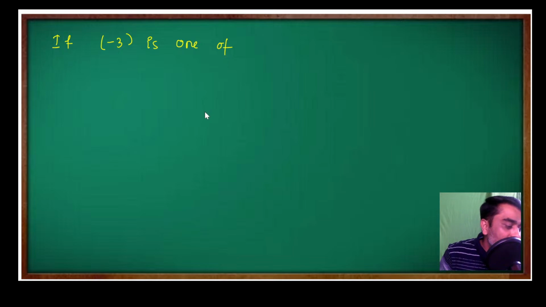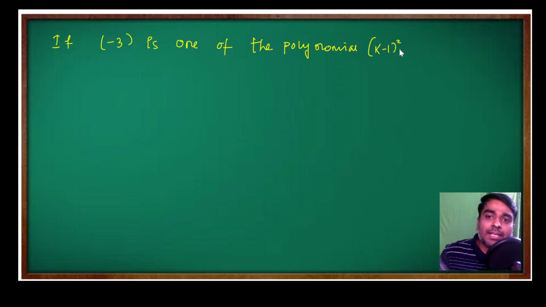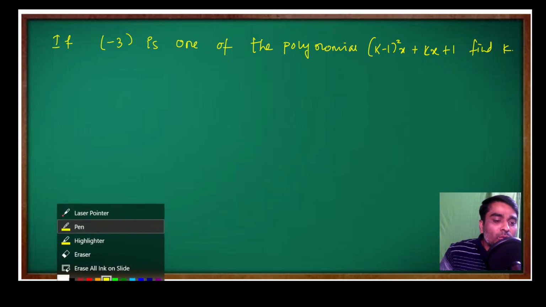Okay, let's get back to this question. If minus 3 is one of the zeros of the polynomial k minus 1 the whole square x plus kx plus 1, find k. That's the question. So how will you do this? Look at this, one zero is given to you.